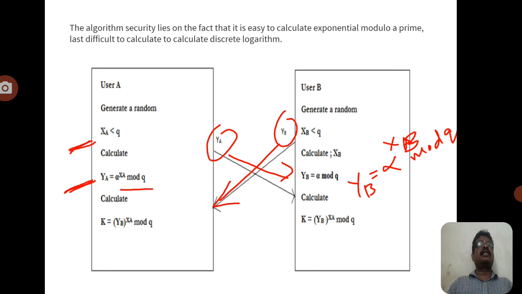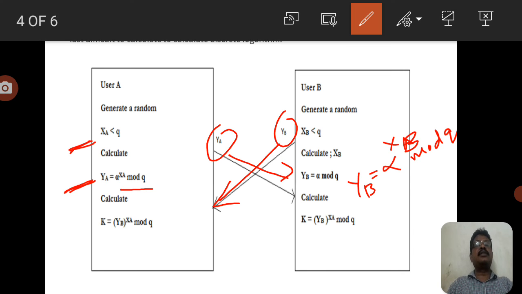How can they generate the common key K? K equals YB power XA mod Q. Similarly, user B also calculates the common key K.